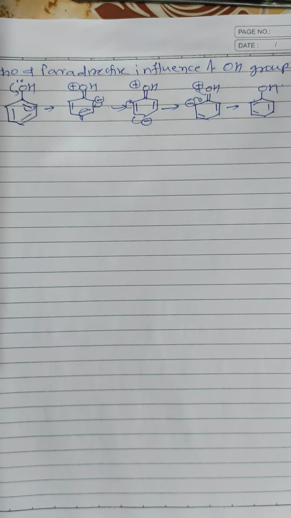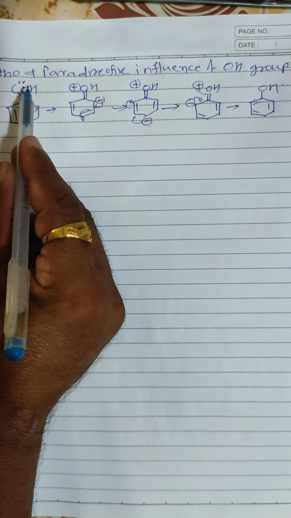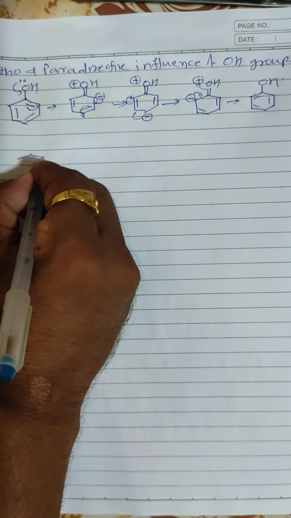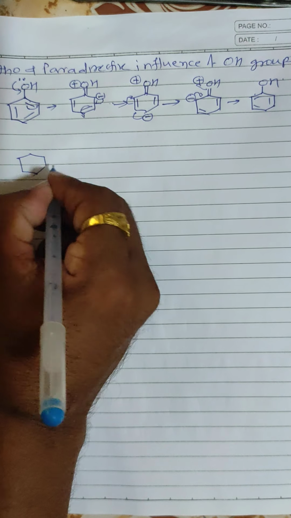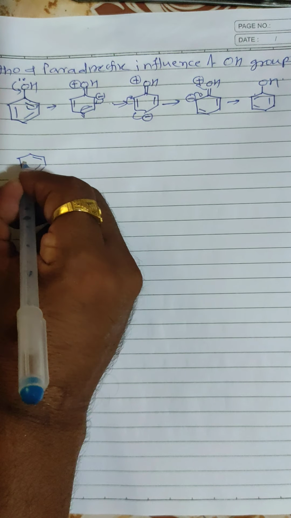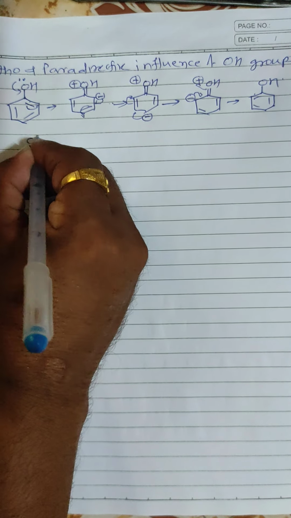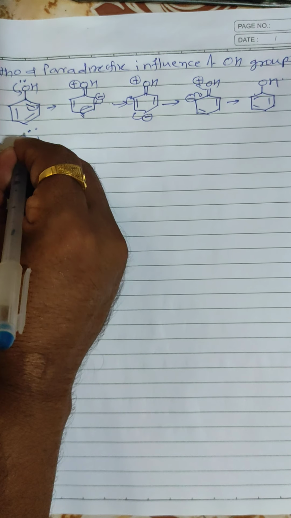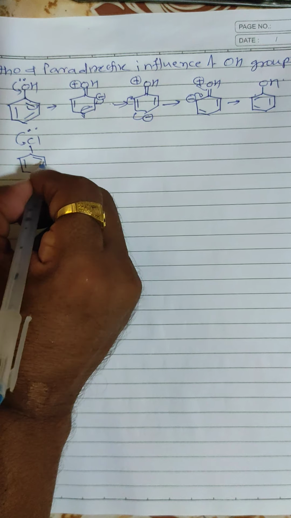Same structure except instead of OH, here it is chlorine. See here. Chlorine having a lone pair of electron. Again this pair of electron is donated here.